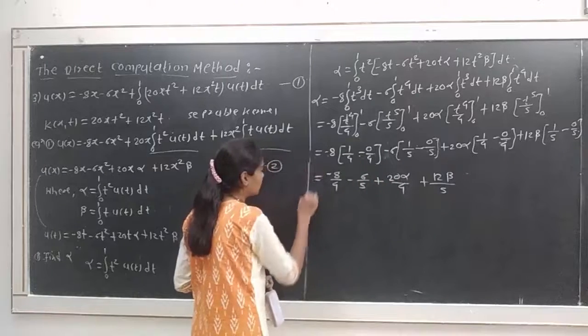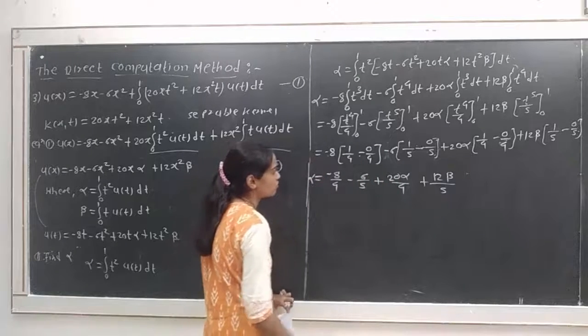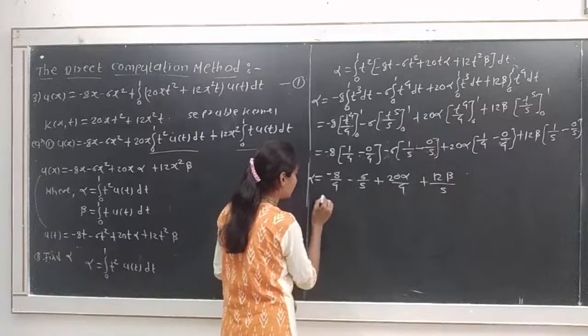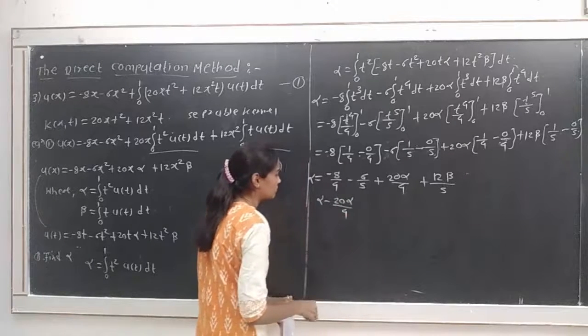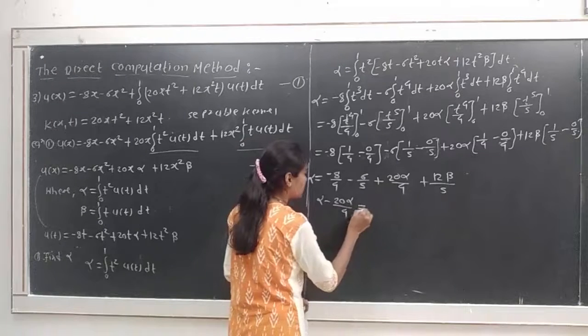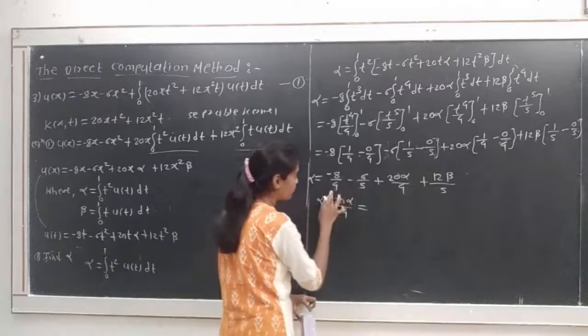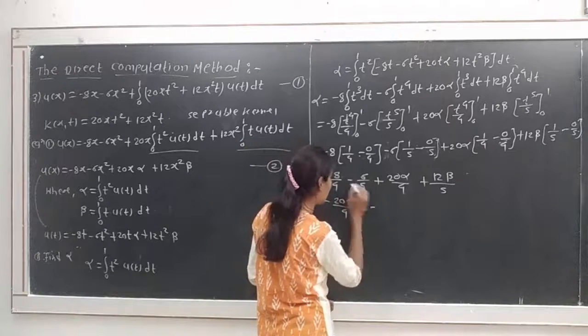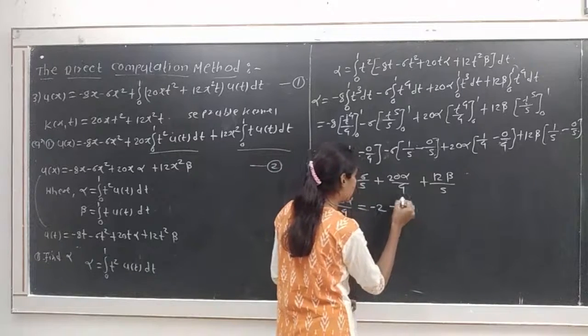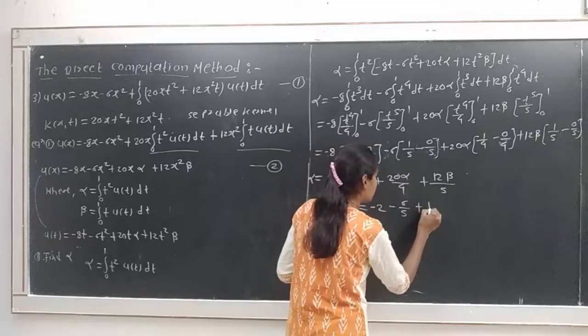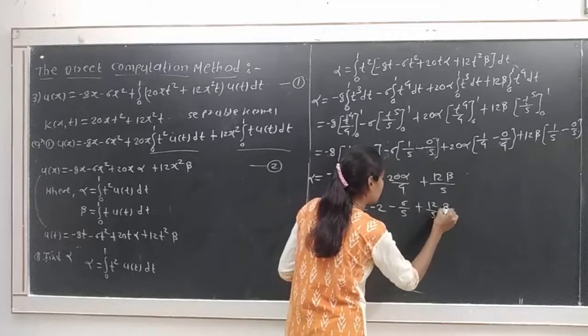Here we have alpha on the LHS, so we shift this term to this side. We get alpha minus 20 alpha divided by 4 is equal to, this will be 4 to the 8, so we get minus 2, minus 6 divided by 5, plus 12 divided by 5 into beta.